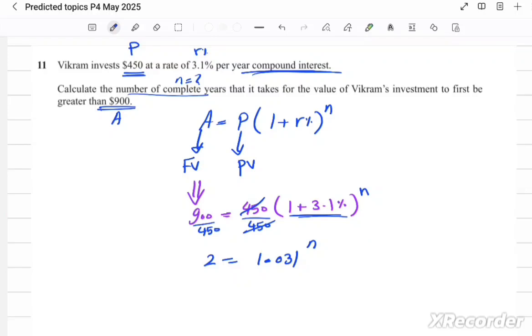Now, how can we find the value of n? We have two methods to find n. The first one is trial and error, trying numbers. And the second one is to use log.